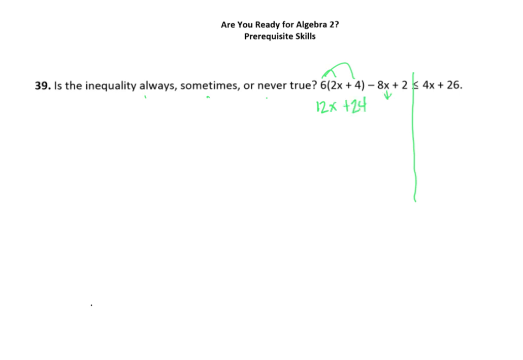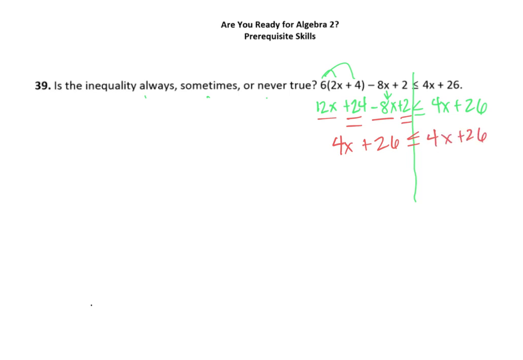And we're going to bring down our minus 8x plus 2, which is less than or equal to 4x plus 26. I'm looking for like terms on the left. I have more than 2 terms, so 12x minus 8x gives me 4x, and then 24 plus 2 makes 26. So less than or equal to 4x plus 26.